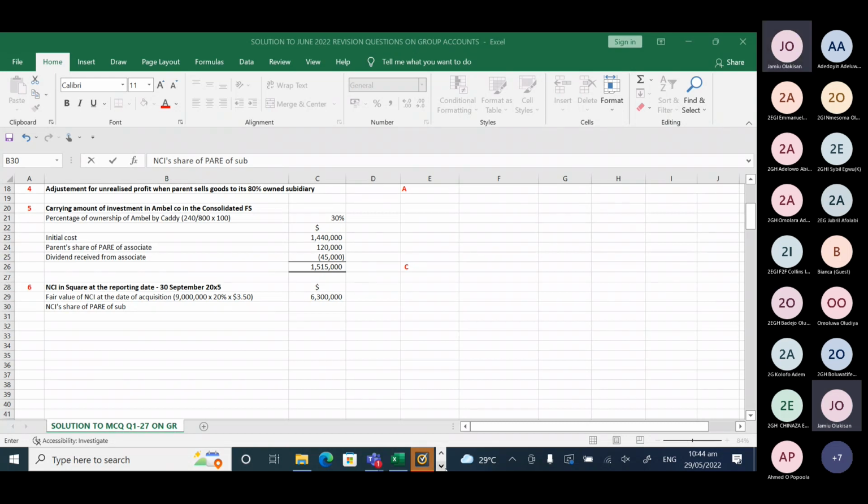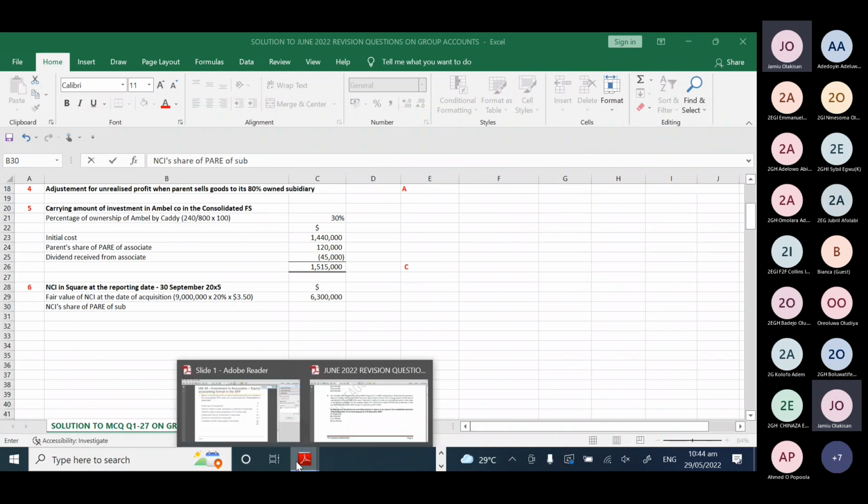In all the practice questions we solved involving preparation of consolidated SFP, we do some key working notes, one of which is net asset of the subsidiary, where we have 3 columns: at reporting date, at acquisition date, and post-acquisition retained earnings.